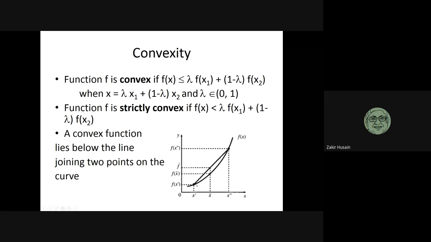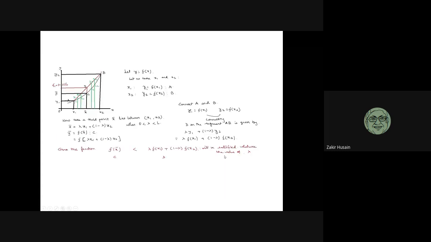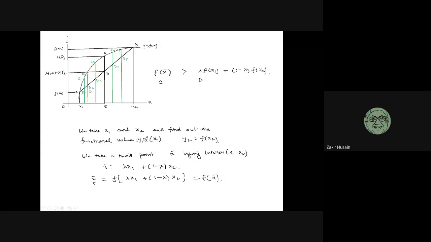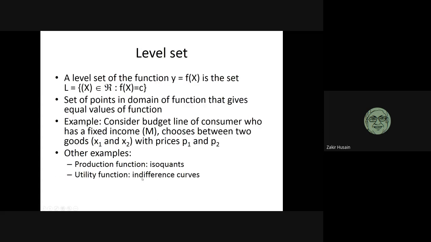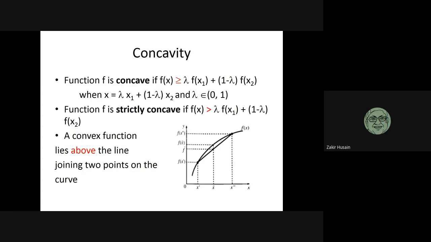This is the segment, and the function is lying below this. Over here, you can see that the function lies above the segment. So this is a non-technical definition. Is it clear, everyone?